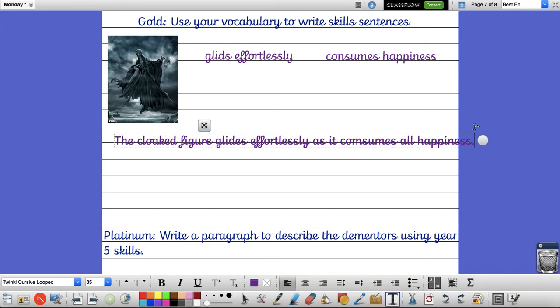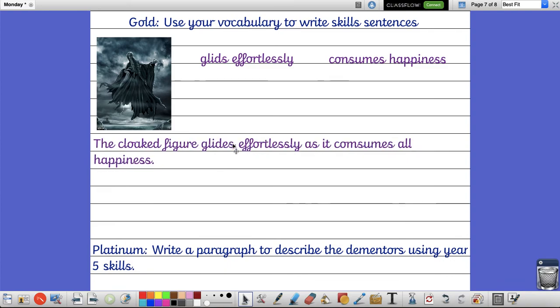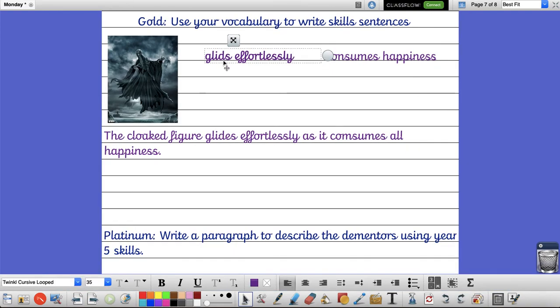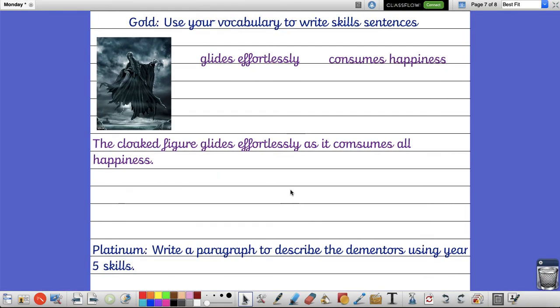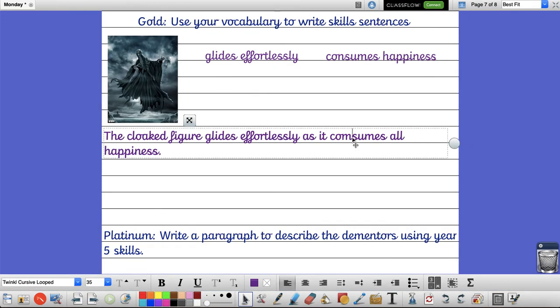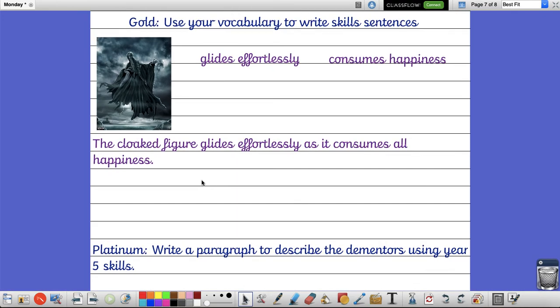Okay, so I've used there the two phrases that I had chosen and put them into one sentence. The cloaked figure glides effortlessly as it consumes, I spelled consumes wrong, let's just change that. Consumes all happiness. Okay, so for Gold, I want you to put them into sentences.